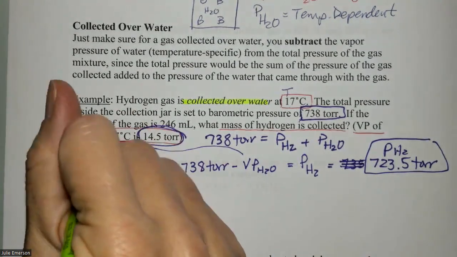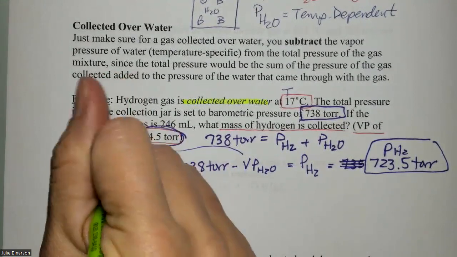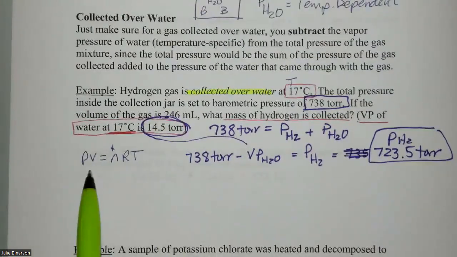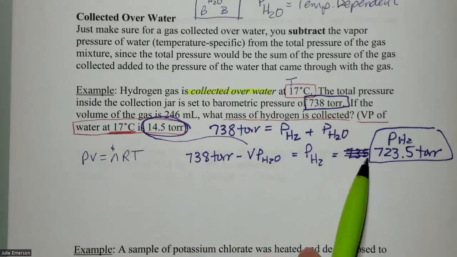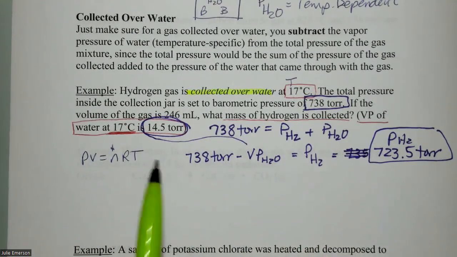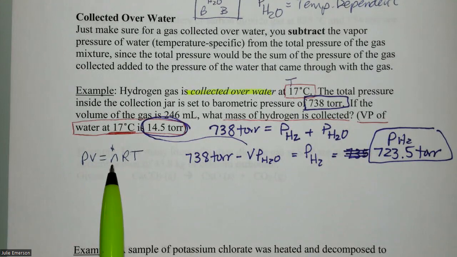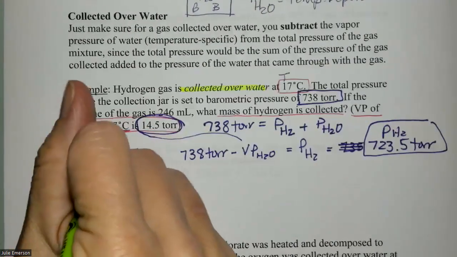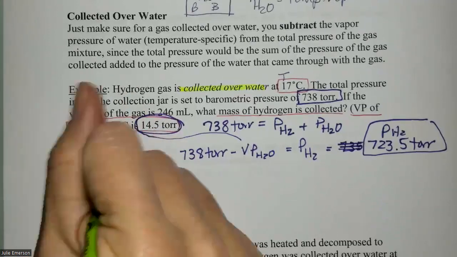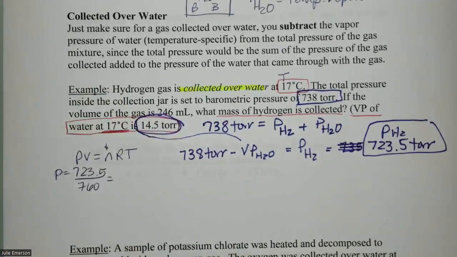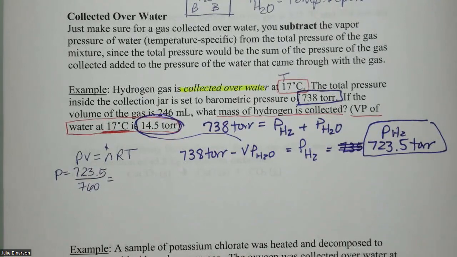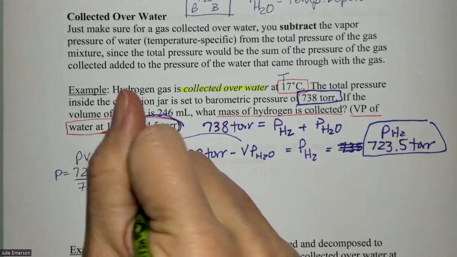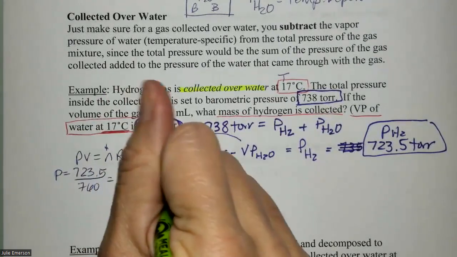If we're trying to find mass, that means we're really trying to find moles. So we had to know the pressure of just the hydrogen to figure out the moles of just the hydrogen. So the pressure was 723.5, but we're going to divide that by 760 to go to atm. So what I get in atm, and now I'll round it to 3 sig figs, is 0.952.